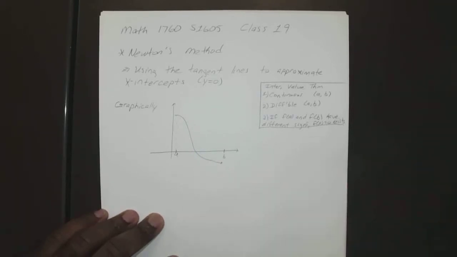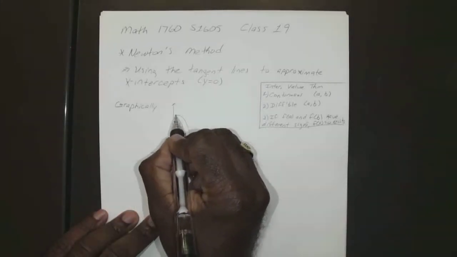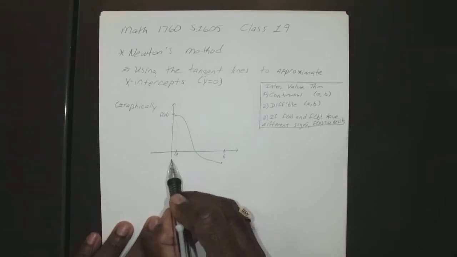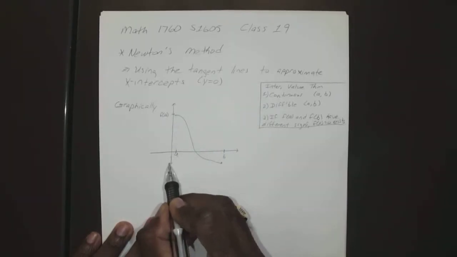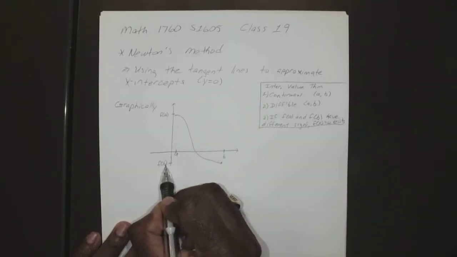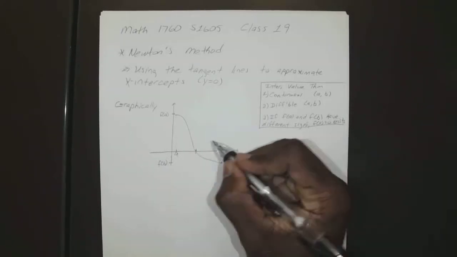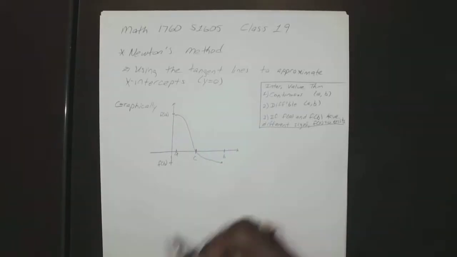There are no open spots or blank spaces or jump discontinuities. And let's say we have our f of a is positive and our f of b is negative. Okay, so let's say we want to find out exactly where this point C is, where it crosses the x-axis.